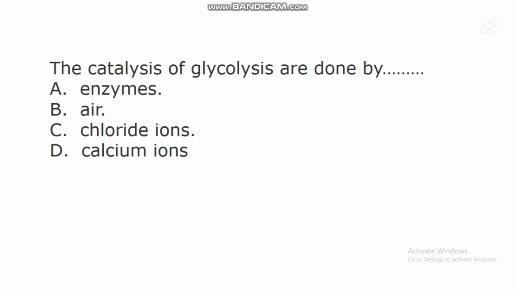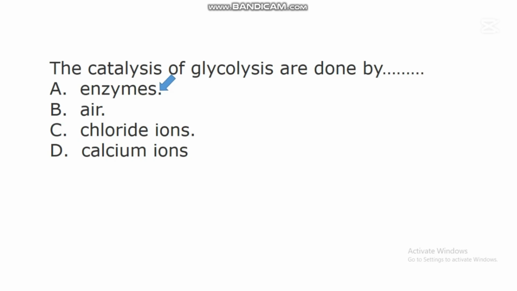The next question says, the catalysis of glycolysis are done by dash. A. Enzymes, B. Air, C. Chloride ions, D. Calcium ions. In this question, the correct answer is A. Enzymes.